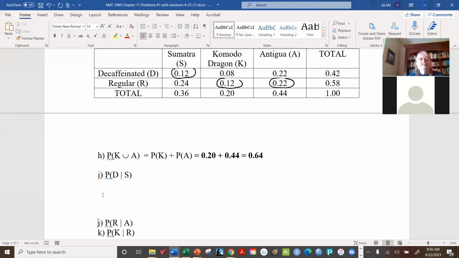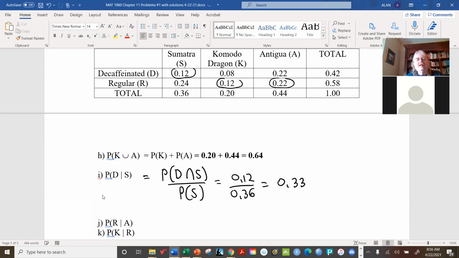In this case, D and S divided by S. Now, D and S we saw earlier is 0.12. And in fact, we've already seen that the probability of S is 0.36. So this could be written as 0.33, which is simply 1/3.